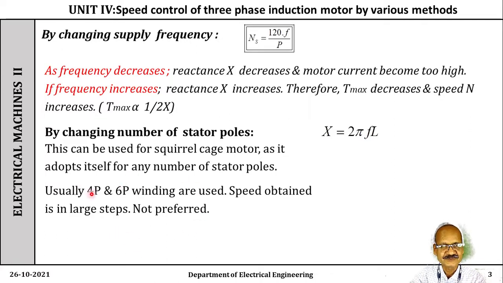For 4 poles, at a frequency of 50 Hz, the speed is 1500 rpm, whereas for 6 poles, the speed will be 1000 rpm. So the speed obtained by this method changes in very large steps, 1000 to 1500, and therefore it is not preferred.